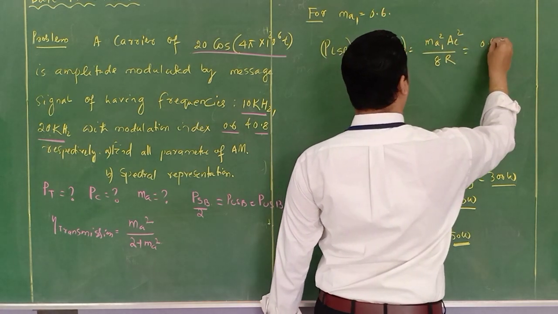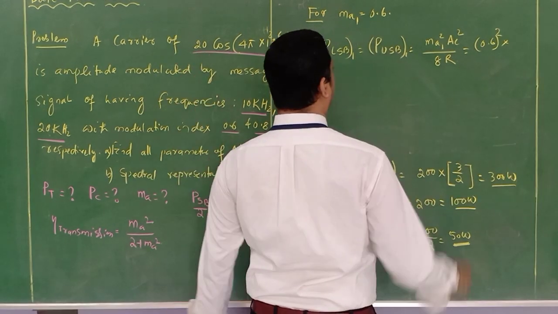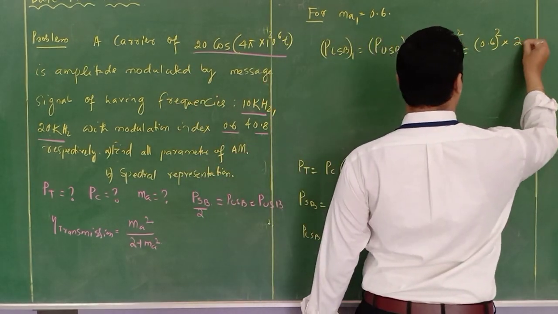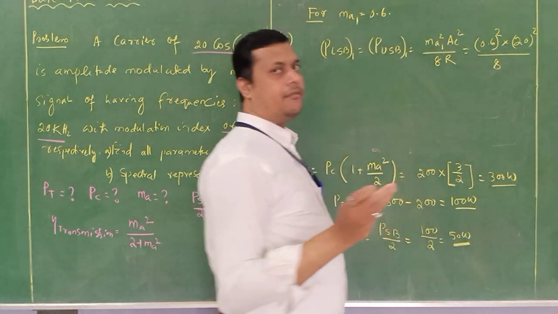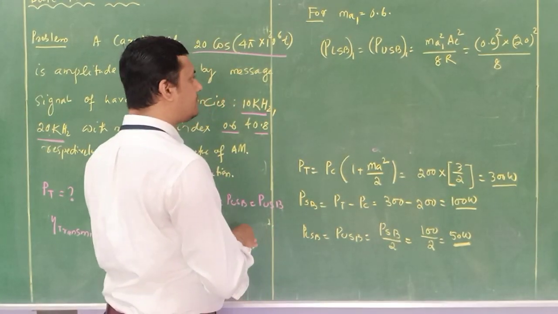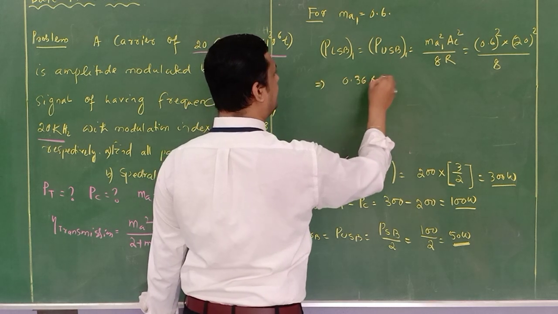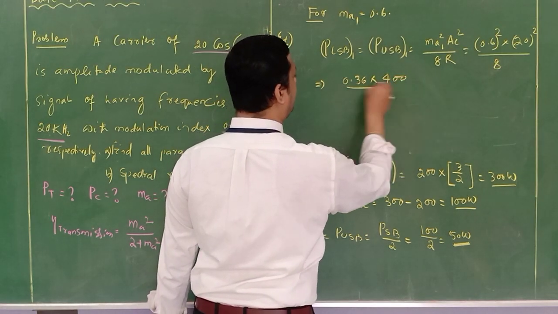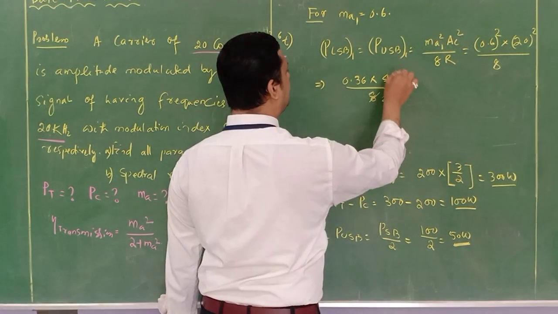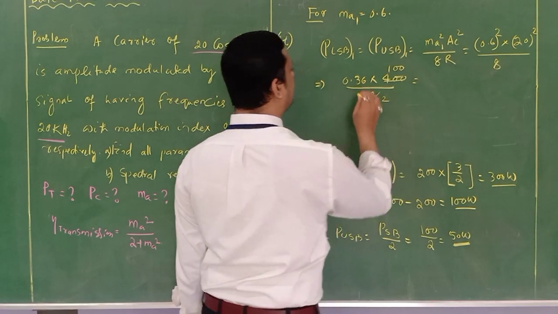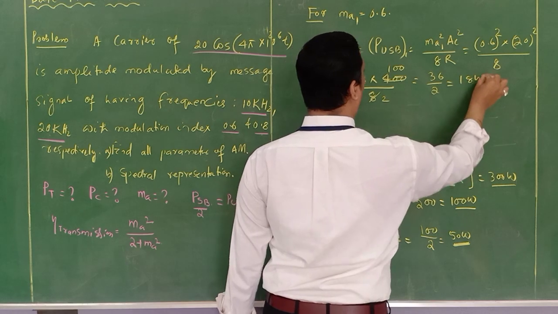MA1 square is 0.6 whole square. AC is 20, so it is 20 whole square, divided by 8, because R we have considered as 1. So it is 0.36 into 400 divided by 8. This is 2, this is 100. So this becomes 36 divided by 2, that is 18 watt.